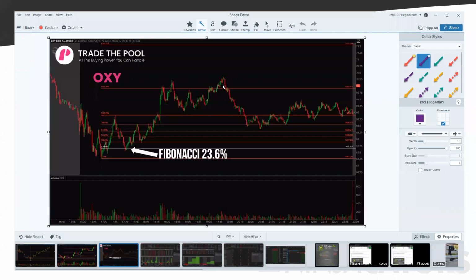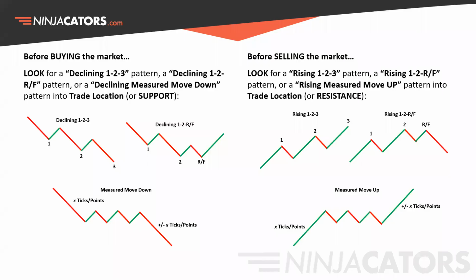And this isn't even my chart, this is Michael's chart. But I just want to show you this pattern plays out all the time, over and over again. So if you get anything out of today, let it be this.